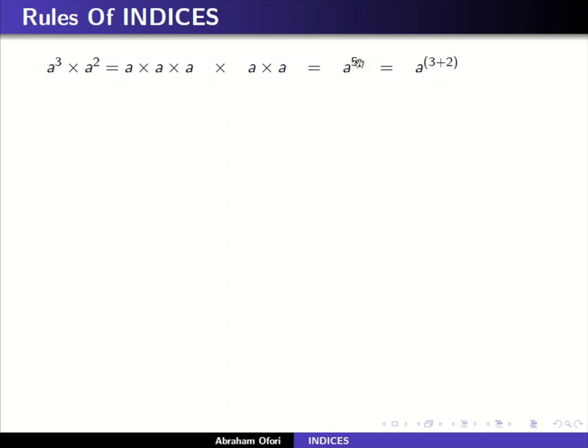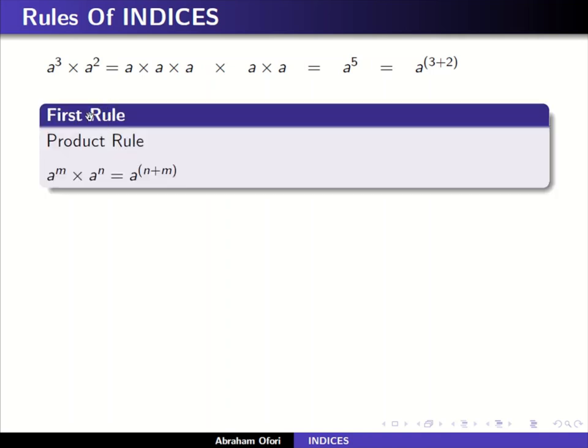Pretty cool, right? But if you look at it clearly, this 5 is the same as summing the powers here. This takes us to the first rule of indices, which states that if you have two numbers in index form multiplying and the bases are the same, then we can take one of the bases and add the powers.